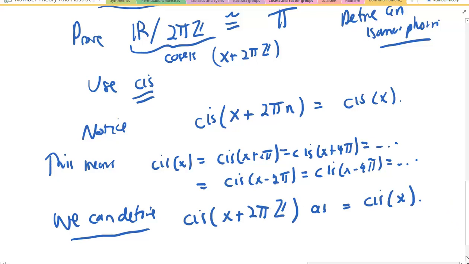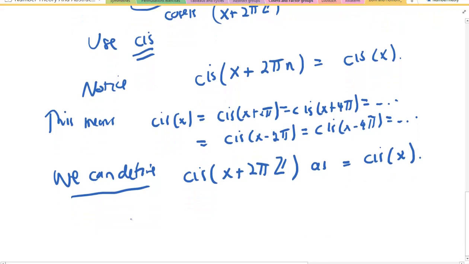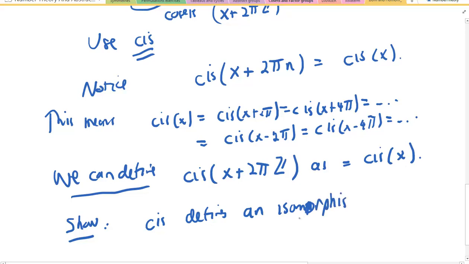Okay, now what you're going to want to show is, first of all, you want to show that this function, that cis defines an isomorphism from x plus 2 pi z to T.